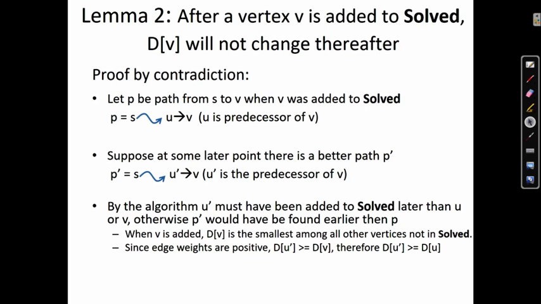If it was added earlier, I would try to relax all its outgoing edges, so I would have already relaxed the edge u prime v. Then this better path would have been found earlier than P. That's a contradiction, so u prime must have been added to solve later than either u or v.